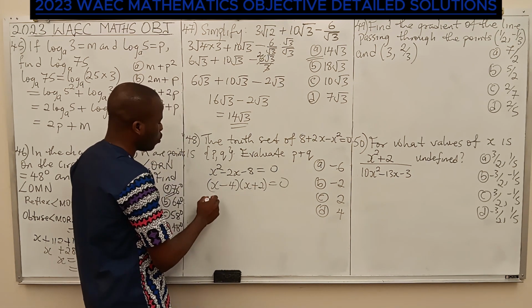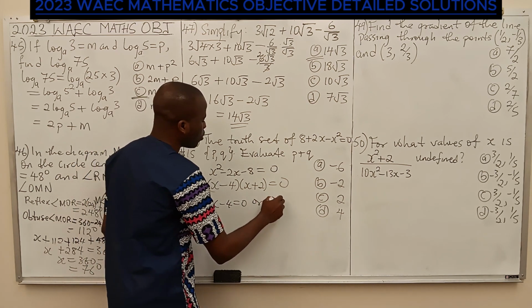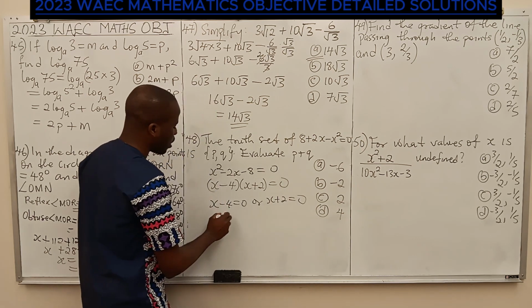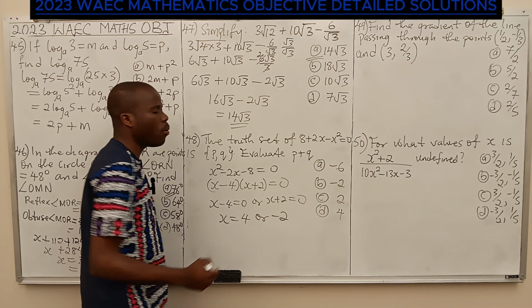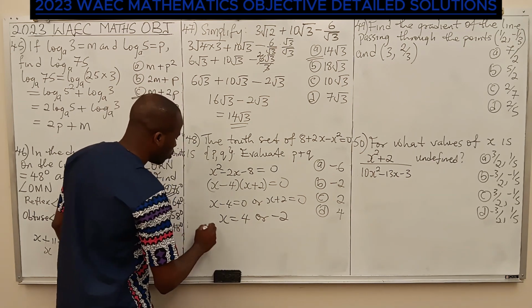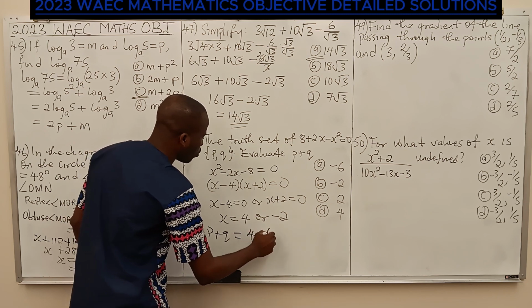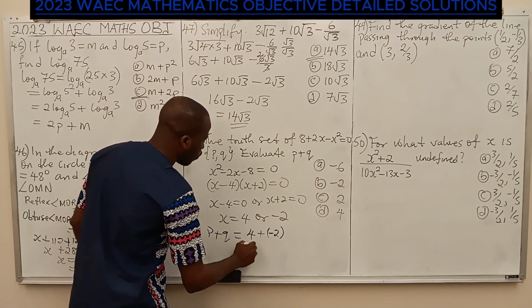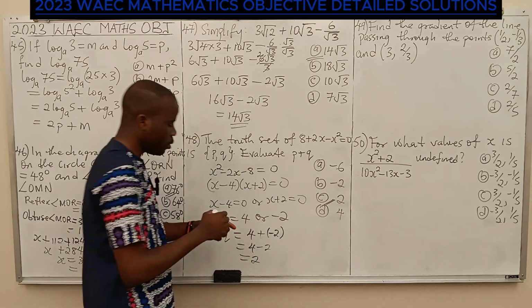Equating to 0, x minus 4 is equal to 0, or x plus 2 is equal to 0, so that x is equal to 4 or minus 2. But we're asked to look for P plus Q. P plus Q will be 4 plus minus 2, which is 4 minus 2, which is 2, which is C.